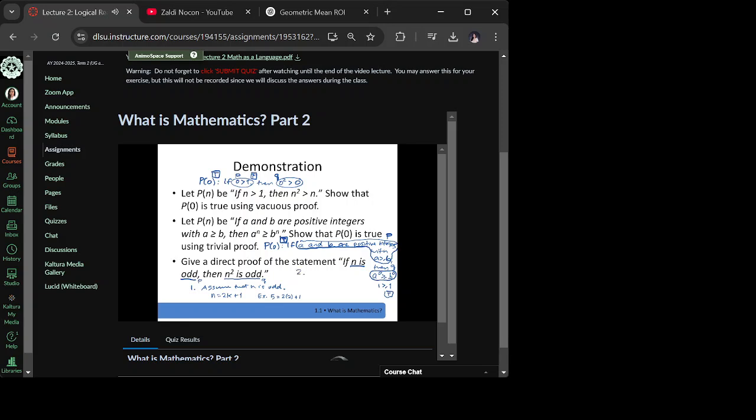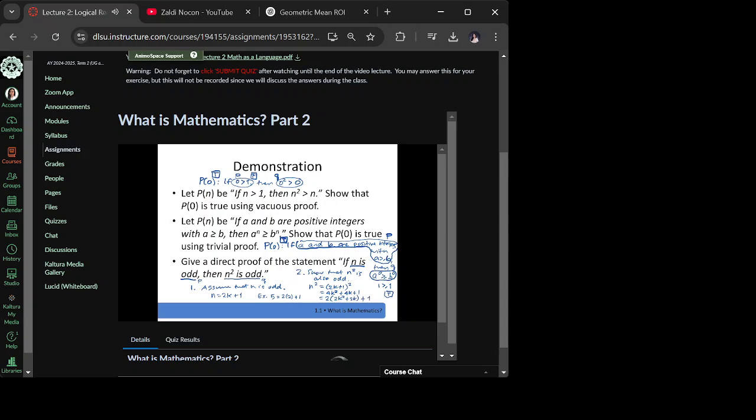Step 2. We show that n squared is also odd. N squared is 2k plus 1 squared, which is 4k squared plus 4k plus 1, which is also 2 times quantity 2k squared plus 2k, plus 1.